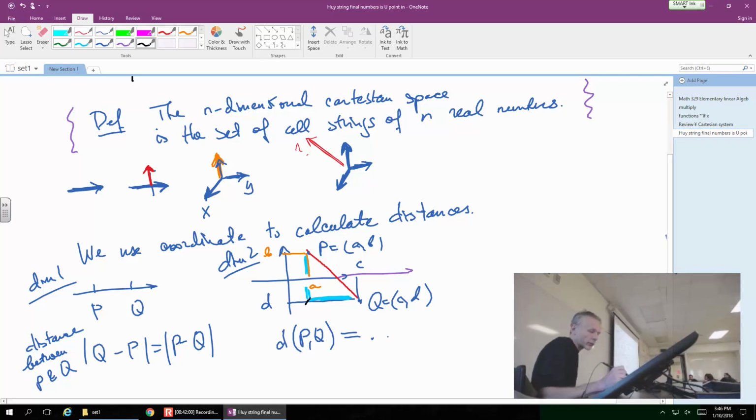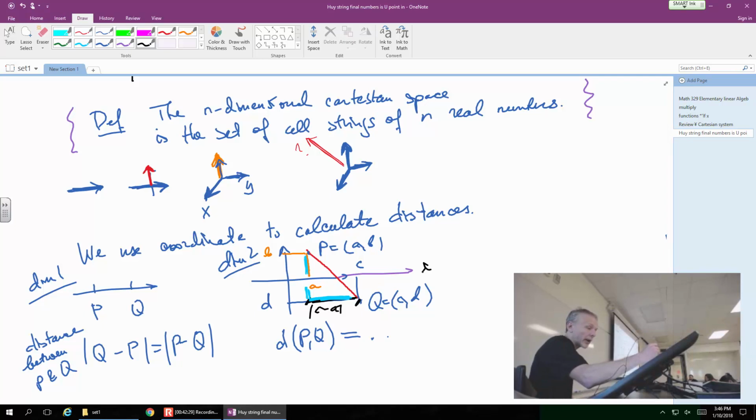All I need to apply the Pythagorean theorem now is those two sides. So the horizontal side, this one, what is this? According to what we have on the left, the distance between C and A. C minus A, absolute value. So we use literally the distance formula for dimension 1 applied to the x-axis. I do now the distance formula for dimension 1, but applied to the y-axis.